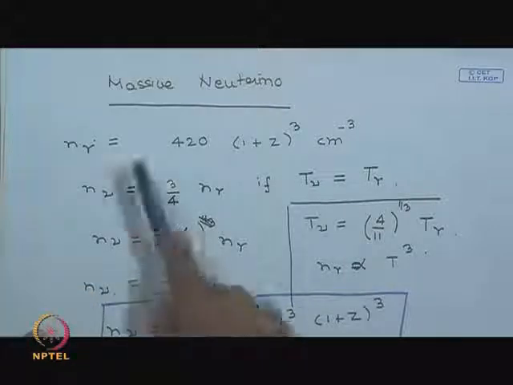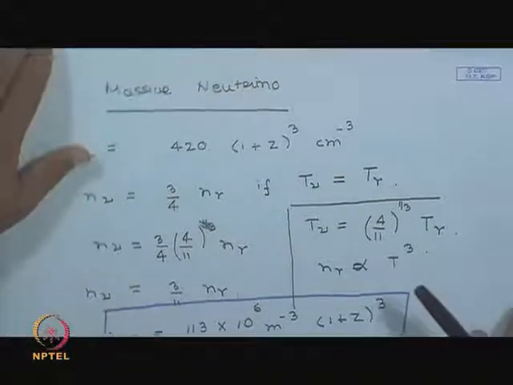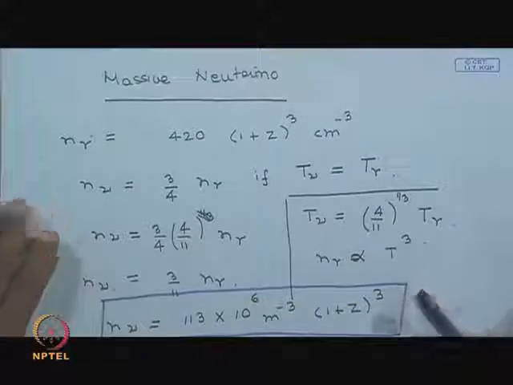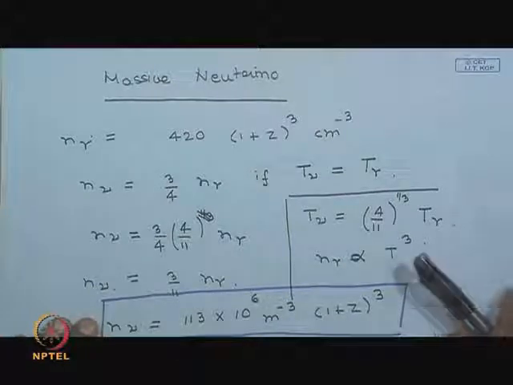So, in addition to the photon background, we also have a neutrino background, and each flavor of neutrino has a number density of approximately 113 times 10^6 particles per meter cube, and the whole thing scales as (1+z)^3.